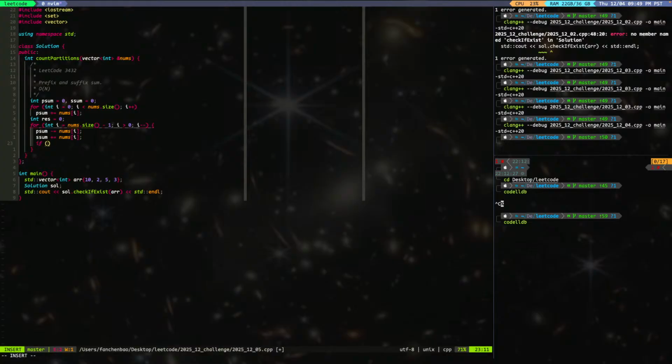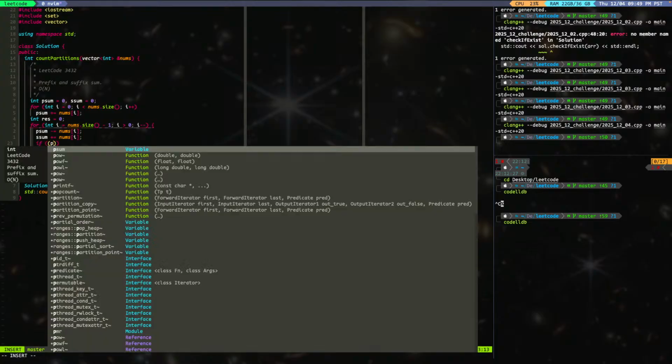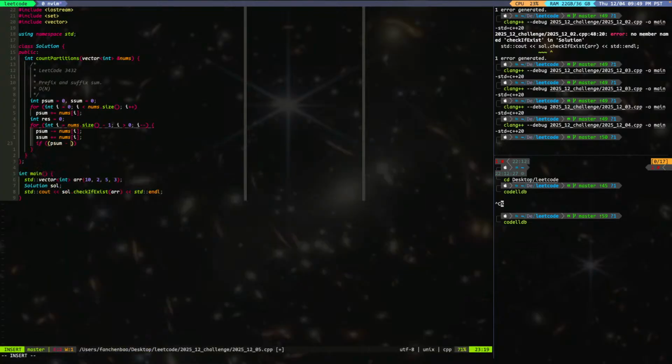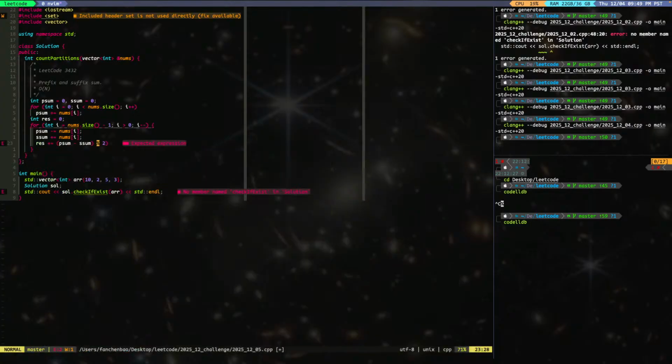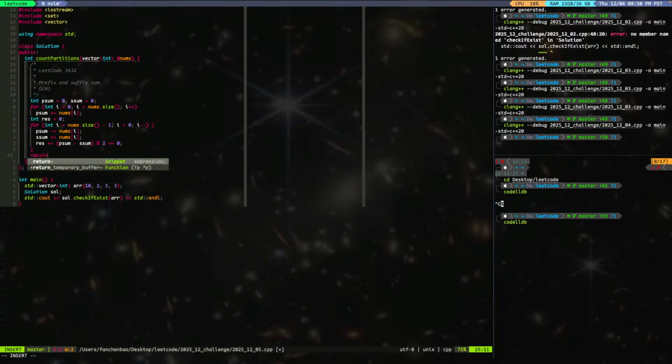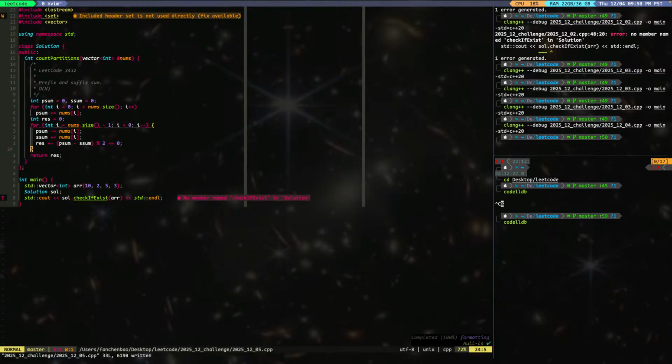If p sum minus s sum mod 2 is equal to 0, so I don't need to go, I can just do res plus equal to this equal to 0, and then I'll return res, and this will stop, right?